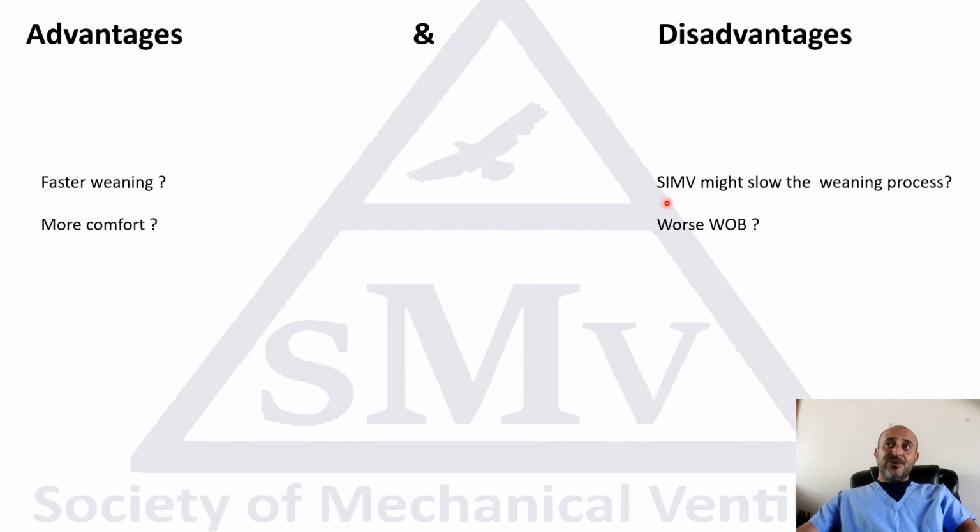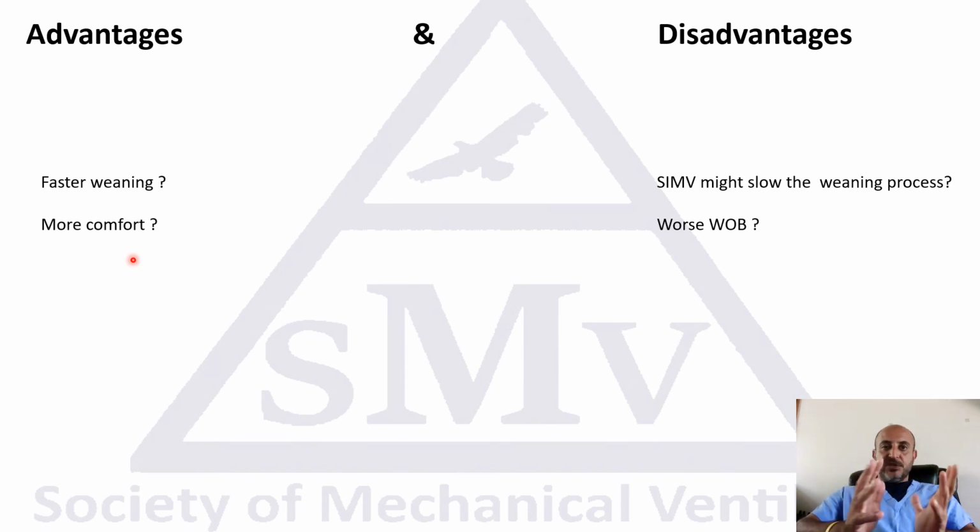But at the same token, we know that studies showed that SIMV might slow the weaning process. Is it more comfortable, where the patient has more autonomy instead of always having mandatory ventilation, always the same tidal volume, same airway pressure?